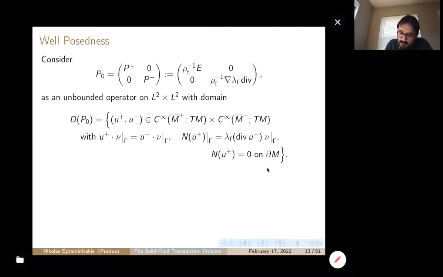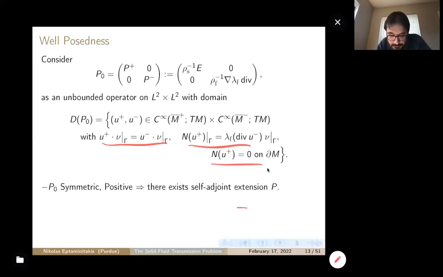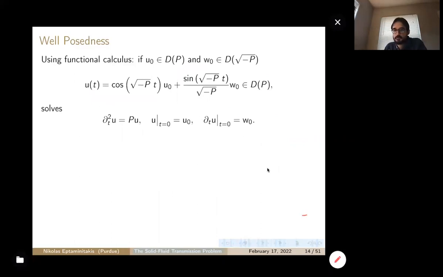And one can check that with those transmission conditions satisfied, we actually obtain that this operator acting on pairs of functions is symmetric and is positive. So that tells us that there exists a self-adjoint extension, and therefore we can use the usual sort of propagators to actually show that there exists a solution.